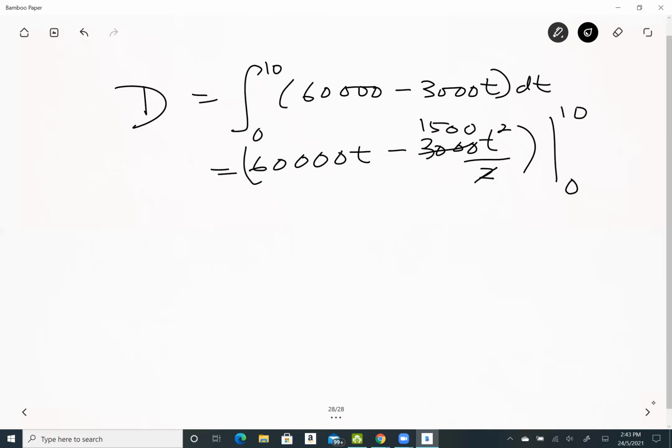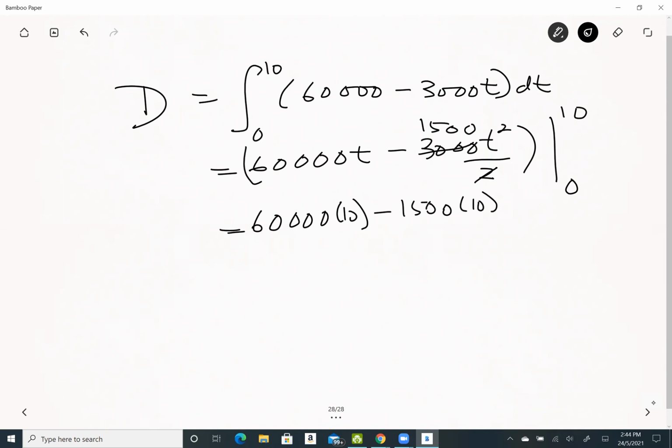What is the value? So you do the integral at 10. What do you get? Okay, give me the value. So I write down 60,000 times 10, minus 15,000. Wait, let me write down everything first.